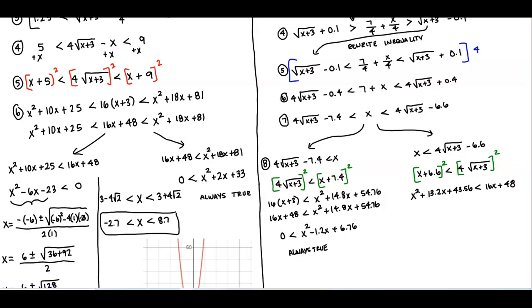So now we're going to combine like terms, so we get x squared minus 2.8x minus 4.4, which is less than 0.